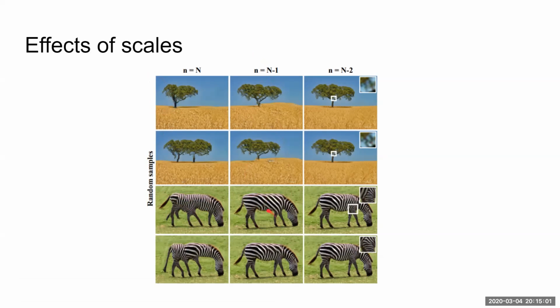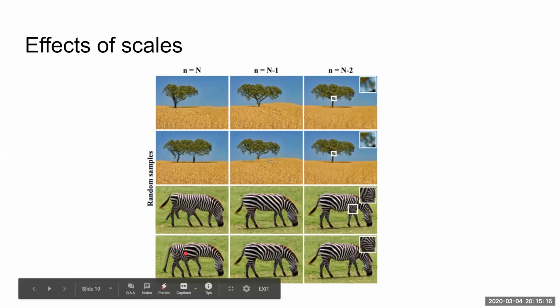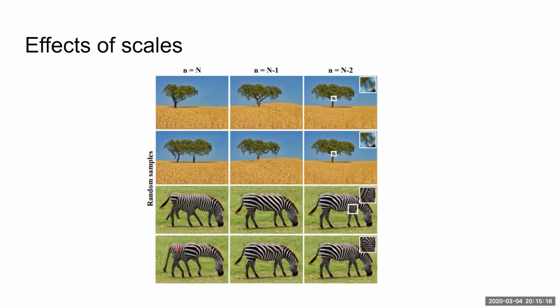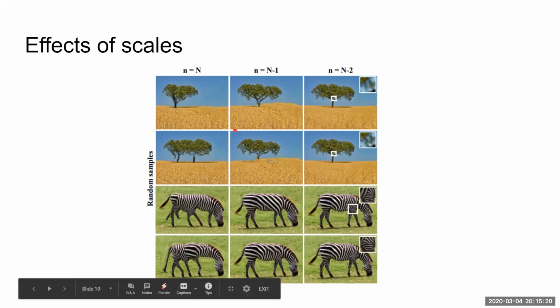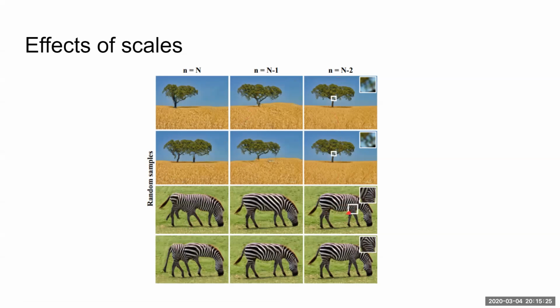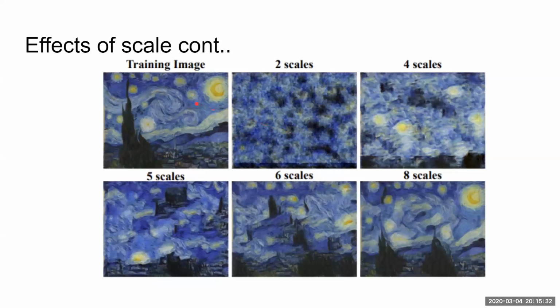As we go up, the finer details are modified, because the lower level GAN tends to capture the coarse grain structure, so there is high variability in this, and this may cause unnatural results also. While if we start from n-1 or n-2, you can see it will create much more realistic image samples.